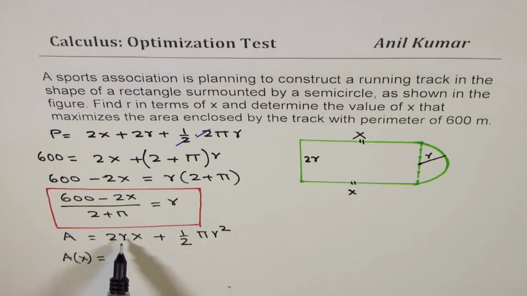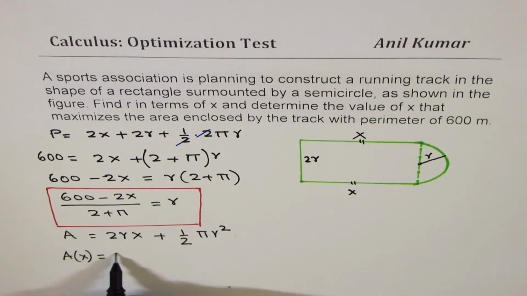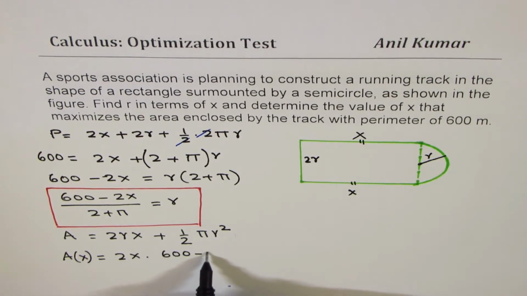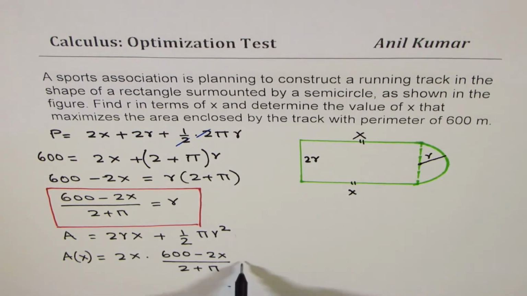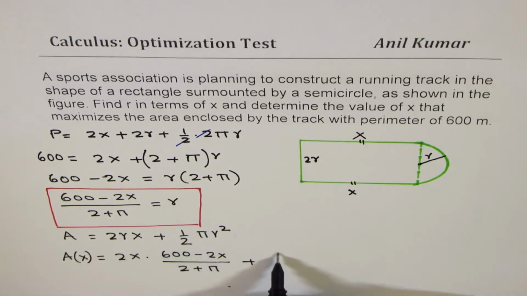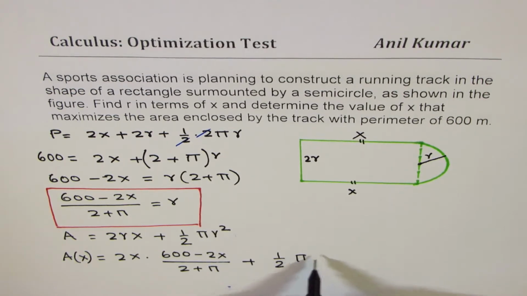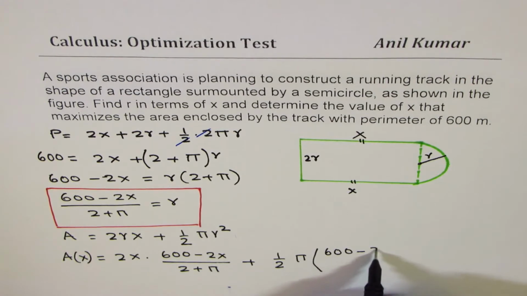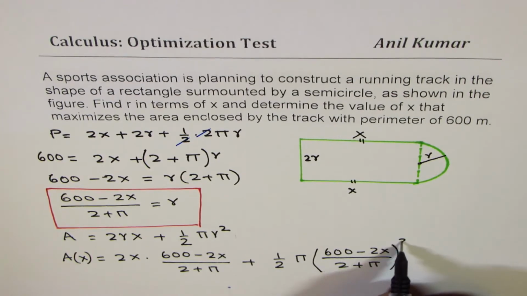So if I write the r value here, I get 2x times 600 minus 2x over 2 plus pi, plus here we get half pi and the square of all this, which is 600 minus 2x over 2 plus pi whole square, right?